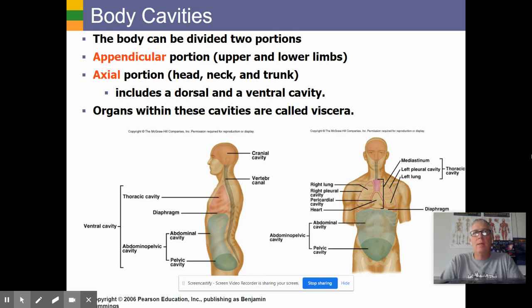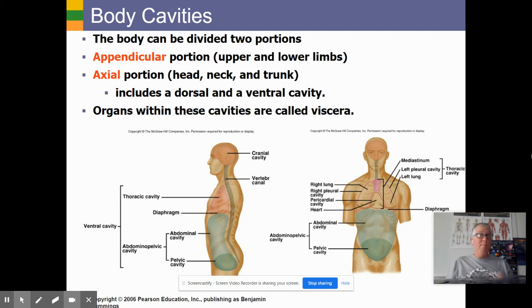Your body has different cavities. Your body is divided into two portions, your appendicular and your axial. Think of axial like axis.